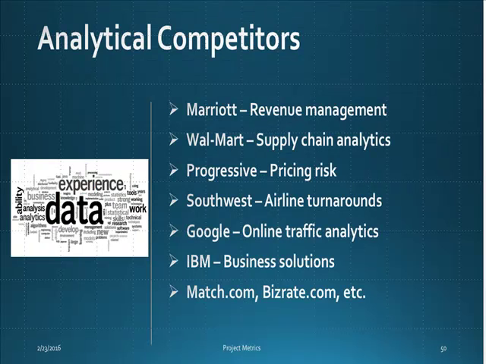Okay, so looking at some of the different examples, Marriott has been a very successful business in revenue management, where revenue management was pricing their available hotel rooms based on the seasonality and based on the demands. And so when their demands go up, generally speaking, the price goes up.